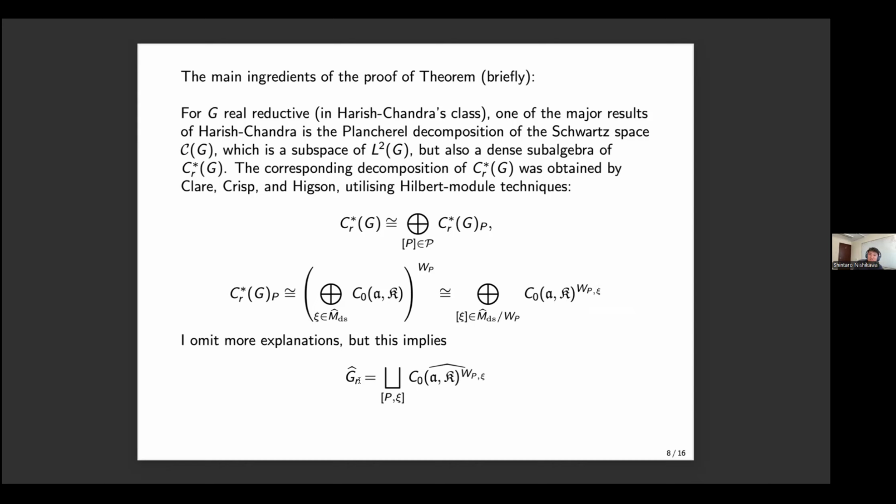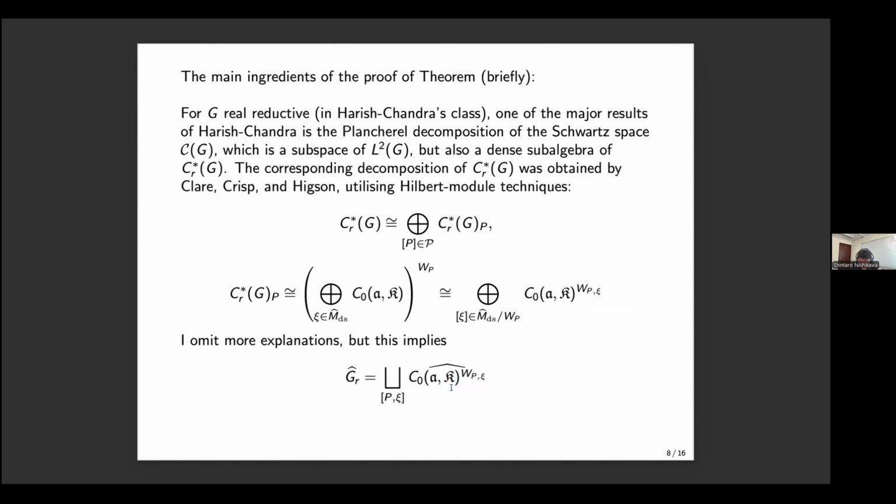But again, the point is that this spectrum, the reduced dual of G, which we are interested in, is just a disjoint union of these simple pieces. So whatever spectral property we want to study is reduced to the study of these pieces. We are interested in whether this spectrum is locally Hausdorff or not, because that's the theorem in question. So the question is reduced to this.